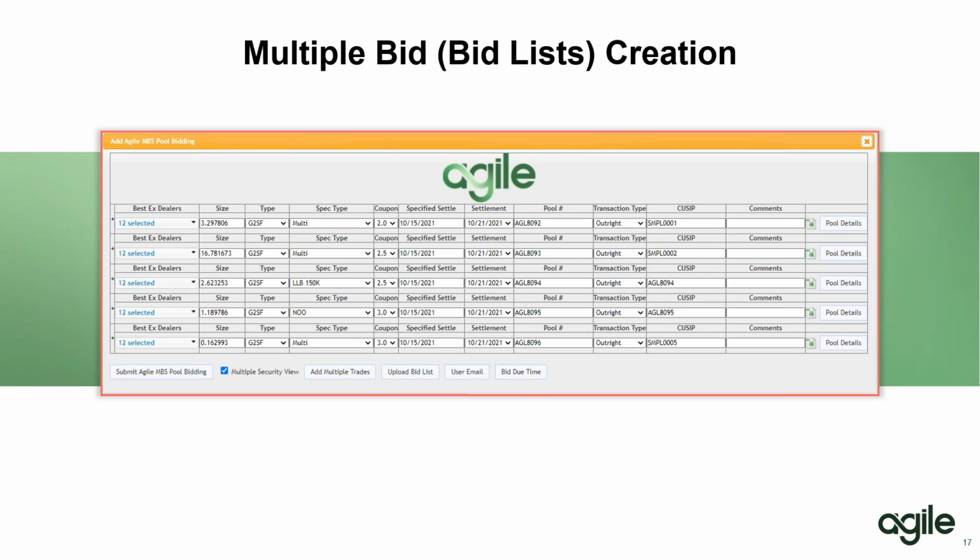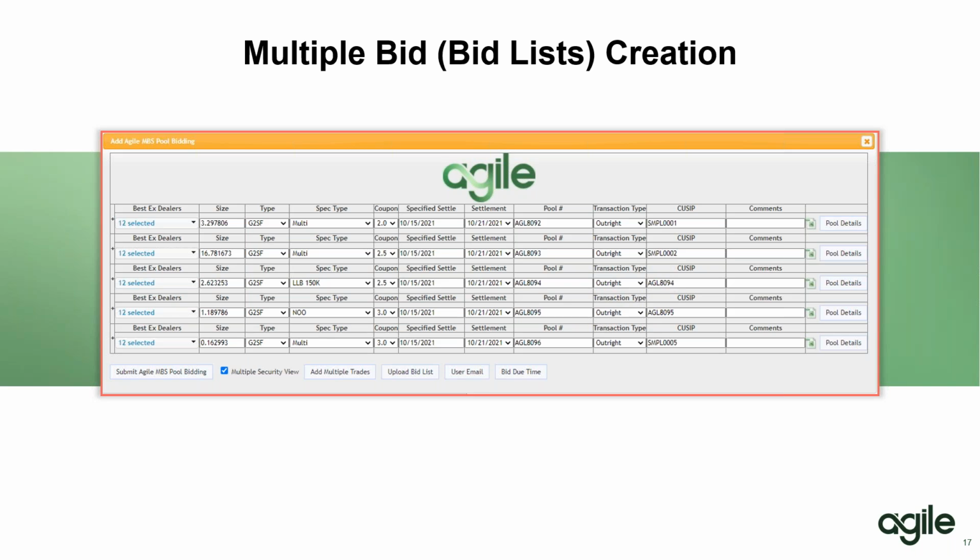So this is meant to go out to all of your available dealers. The flexibility here in the system is that it's not bound by the dealers that are on the Agile platform. It really is a way to help facilitate your bid process to all of your dealers, whether they're Agile dealers or not.